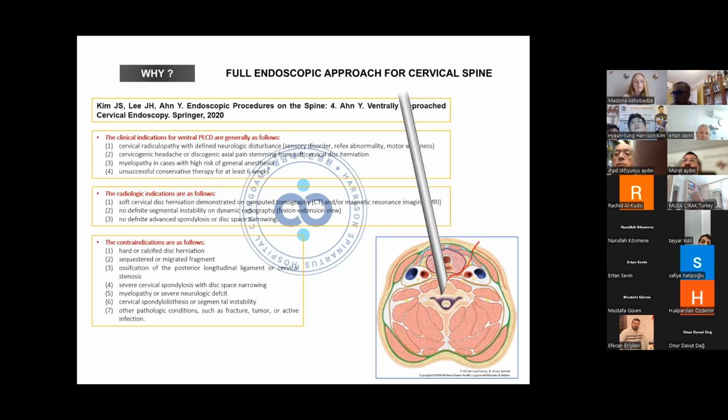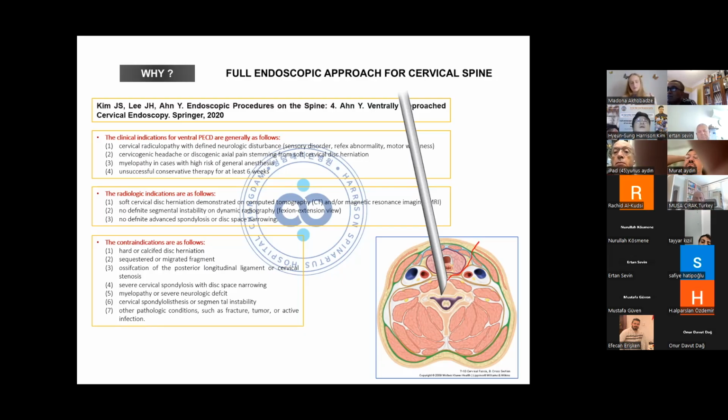But we know that in spite of the endoscopic procedures, the anterior approach still has so many complications, like major organ injury such as carotid and esophagus damage, and there are still recurrence and kyphosis problems in the anterior approach.